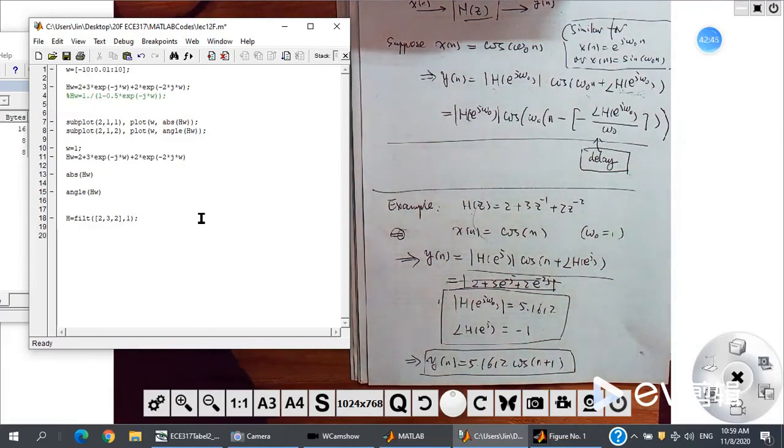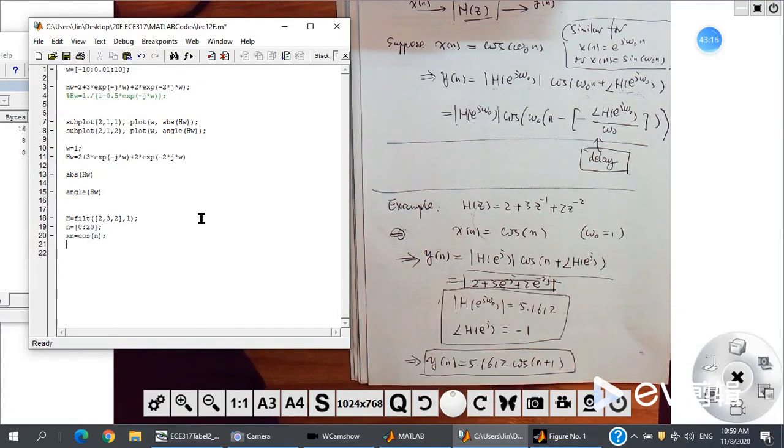And then I have the input. I use n from 0 to 20. Then I have xn. The input is a cosine of n. This is xn.